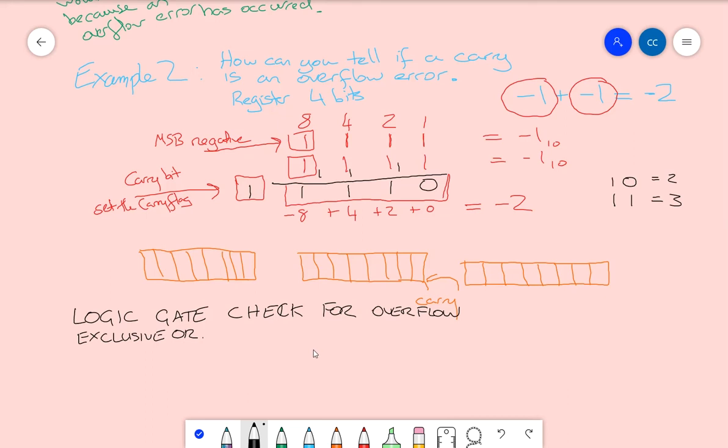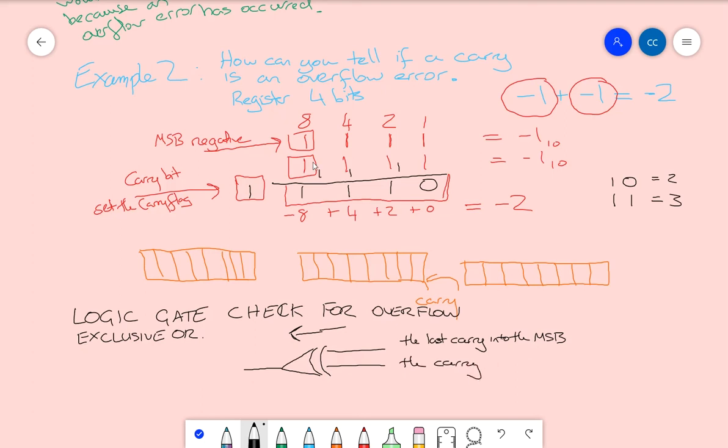So the symbol for an exclusive OR looks like that, with these lines representing the values being input and this line representing the output. So the direction of flow is this way. So the inputs into this exclusive OR are the last carry into the most significant bit and the carry.